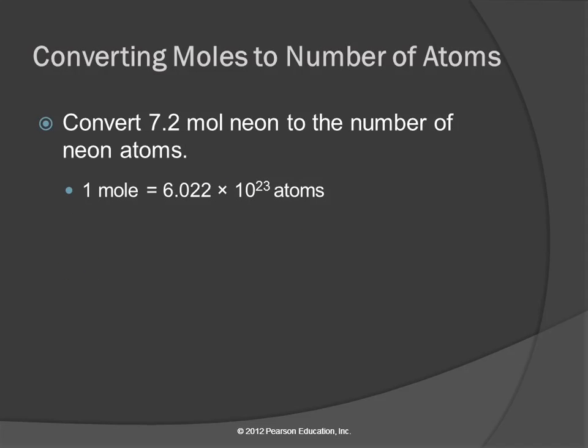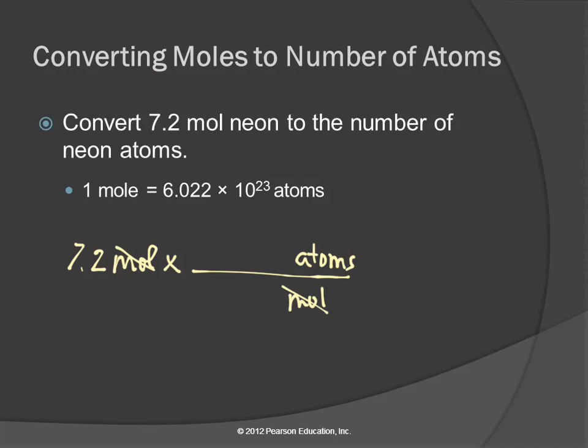And so we're just going to do this like it's dimensional analysis. And we're going to start out with 7.2 moles. And we're going to multiply by atoms and divide by moles because we want the units to cancel out.